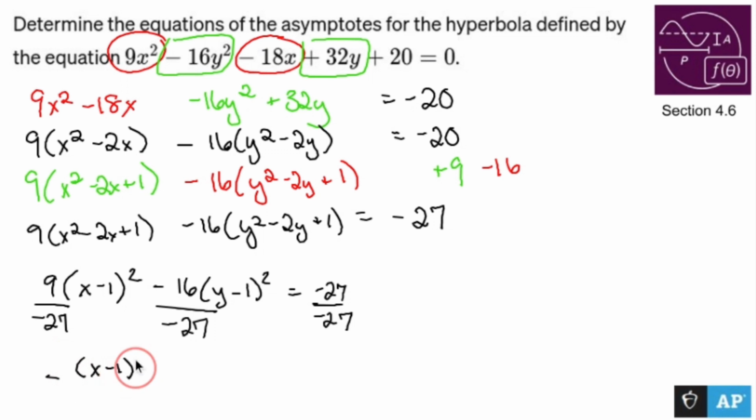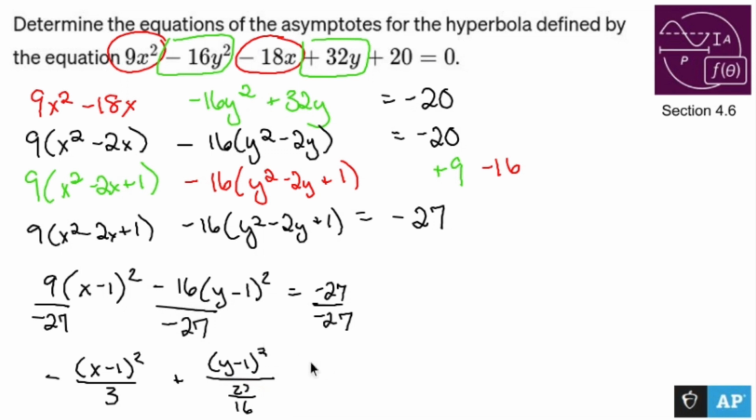X minus 1 squared over 3. However, that doesn't happen here at all. In fact, there's no simplifying whatsoever. So what I do is I make this y minus 1 squared, and instead of 16 over 27, I have 27 over 16 on the bottom. I have the reciprocal. So ideal? No. But does it do the job?